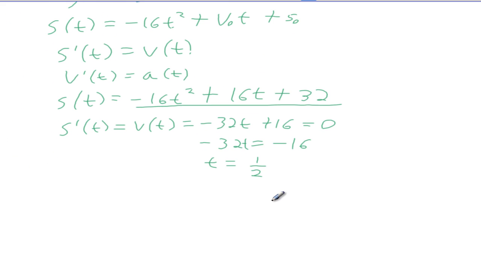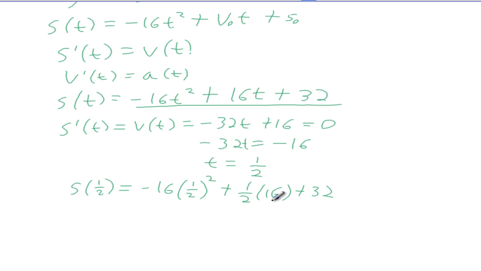We can plug that time into the position function and find how high it was, because s of 1/2 is the height at the top of its arc before it begins to fall back. That's simply negative 16 times 1/2 squared plus 16 times 1/2, plus 32.